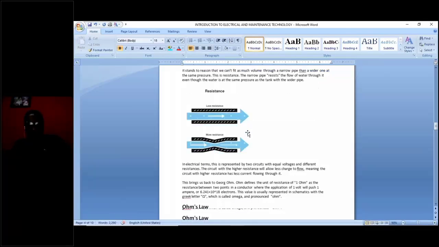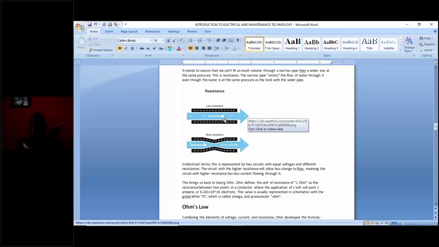Pardon me, a wider pipe gives low resistance, but a narrow pipe at the same pressure gives a higher resistance.